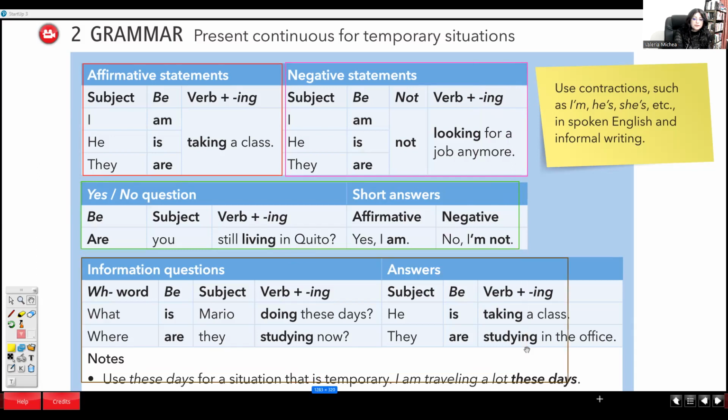Okay, so then we have information questions, as they call them, or we also call them close-ended questions, and these ones are open-ended questions. That's why we have a lot of information here, but they are separated into different categories. So here we are going to be talking about the present continuous for temporary situations.